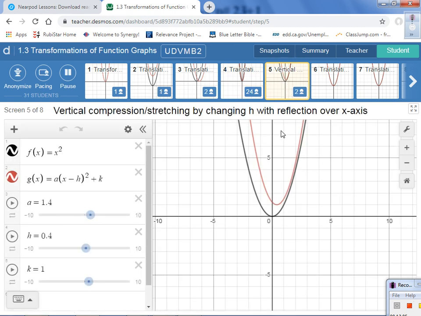And then we went to slide 5, and that's when we introduced a. So before we continue, think about it. What happens to the graph when a is greater than 1? Tell your neighbor what happens. What happens when a is greater than 1?